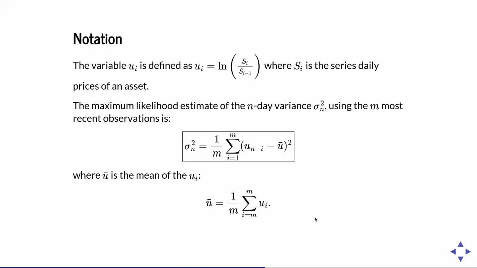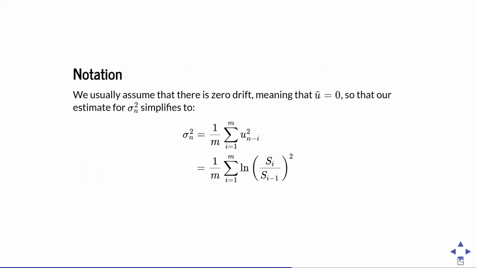And u is the mean log return. So we're again going to assume that there's zero drift, and that way we can just simplify this down to the mean of the u_i squared.